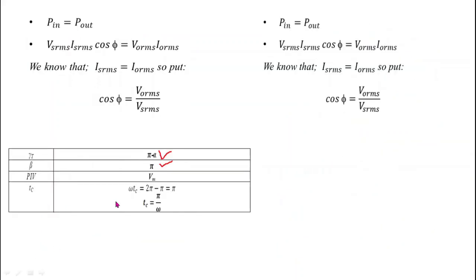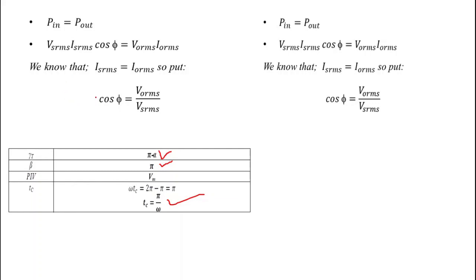So if we equate omega tc equal to pi, we get circuit turn-off time tc is equal to pi by omega. This is a very simple derivation.